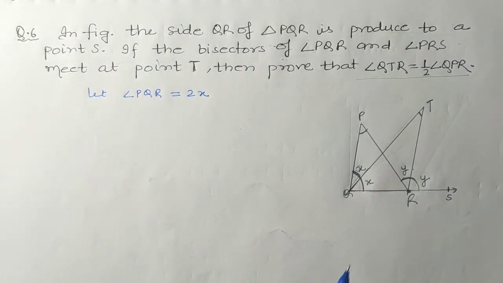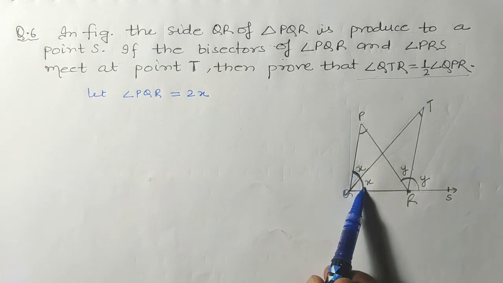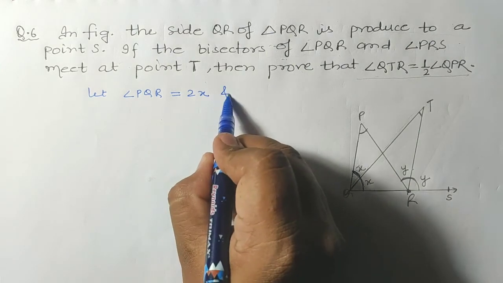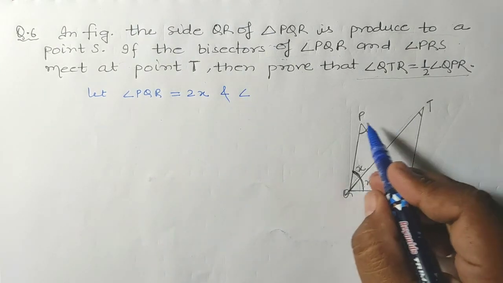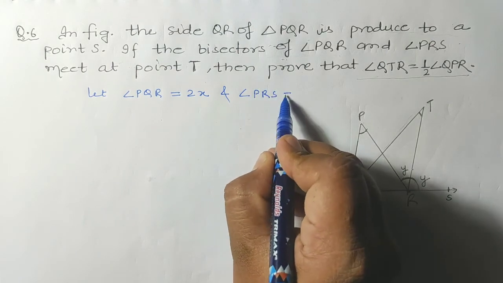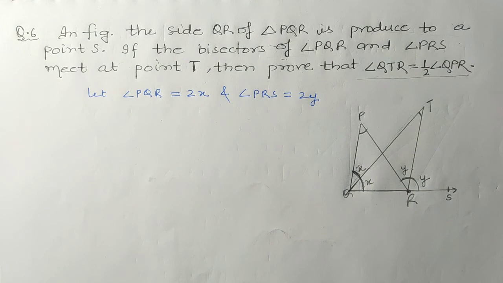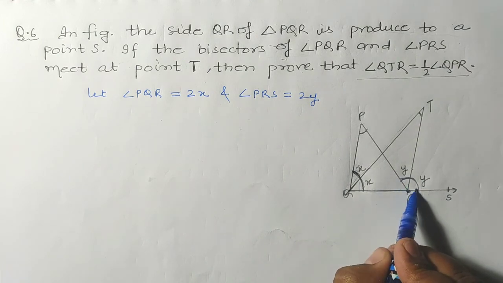Why have we assumed it as 2x? Means x plus x. Okay, so this angle will be equal to 2x, and angle PRS as 2y. Okay, so this angle we have assumed as 2y.